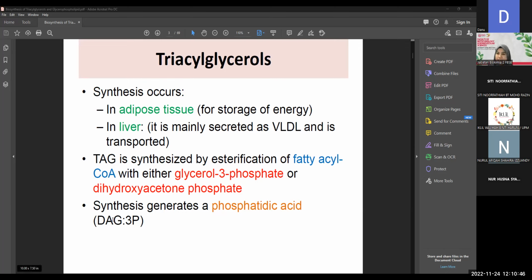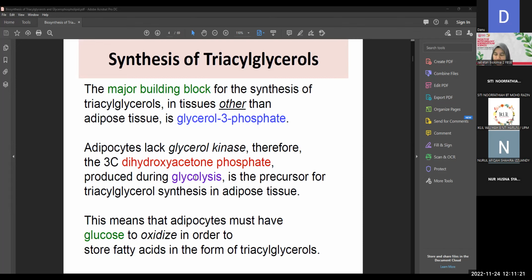So basically the biosynthesis process of triacylglycerol generates phosphatidic acid. This phosphatidic acid, or the other name, diacylglycerol 3-phosphate, is one of the key intermediates in the biosynthesis of triacylglycerols and also other glycerolipids.